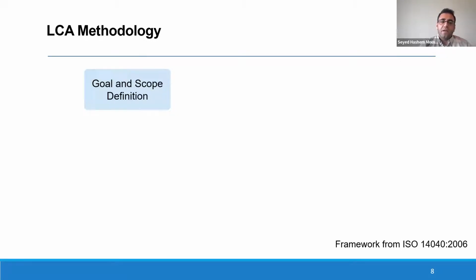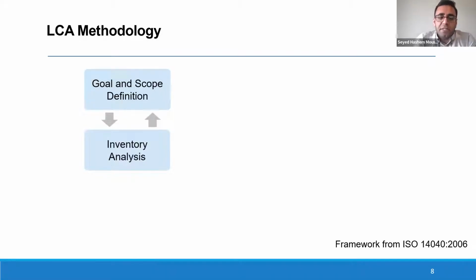Those should be specified in the goal of the study. In scope, we identify the functional unit and the reference flow, and the system boundary. We define a system boundary for the study. We identify the geographic location and other factors that I'll describe in more detail later in the slides.